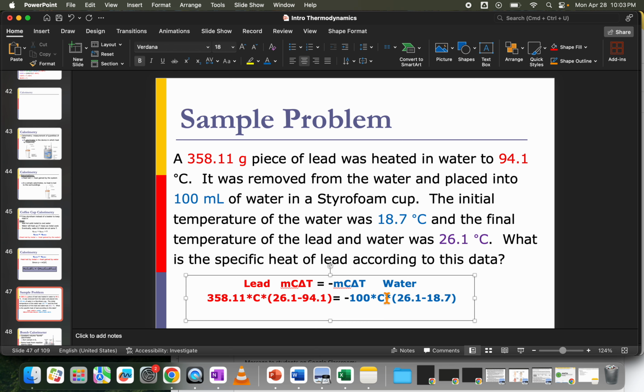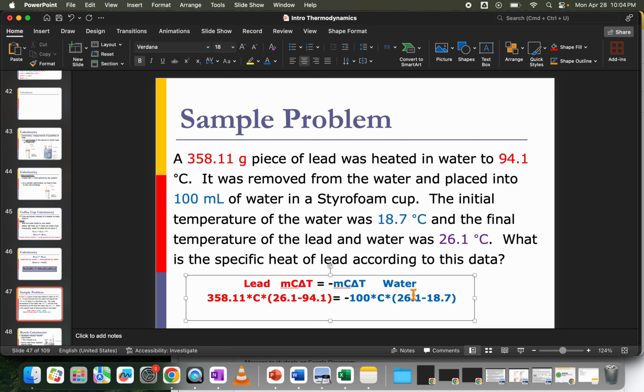I do not have the labels in here, but obviously if we have C over here and C over here, our label is going to end up being the same, because our M label is going to cancel out when we divide by whichever side. Our temperature, the degrees Celsius, is going to cancel out as we divide by either side.